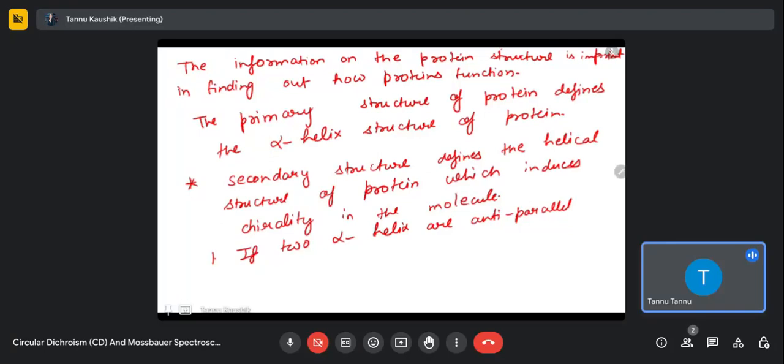If two alpha helix are anti-parallel to each other, then they form a direct bond.